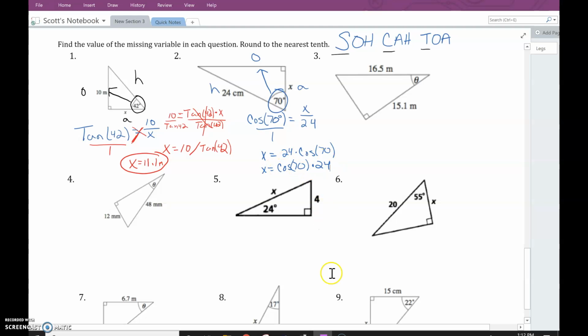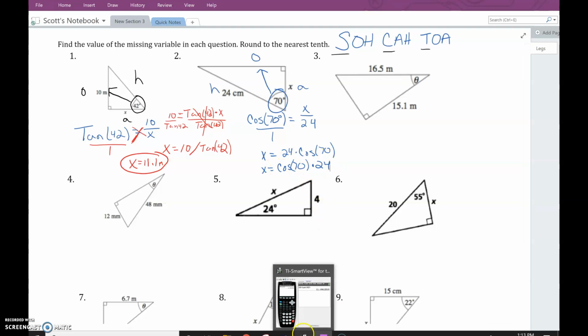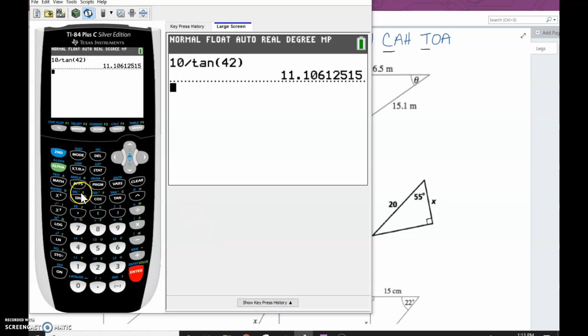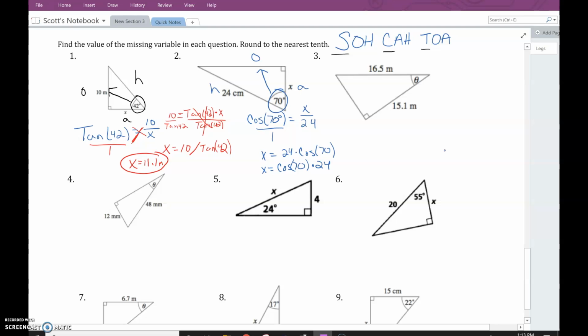These mean the exact same thing. You can do the multiplication there, or you can just close the parenthesis. So x equals 8.2 centimeters.